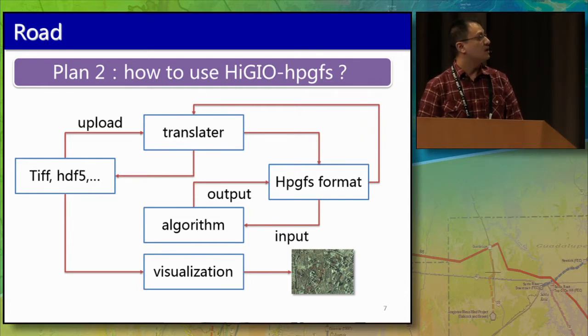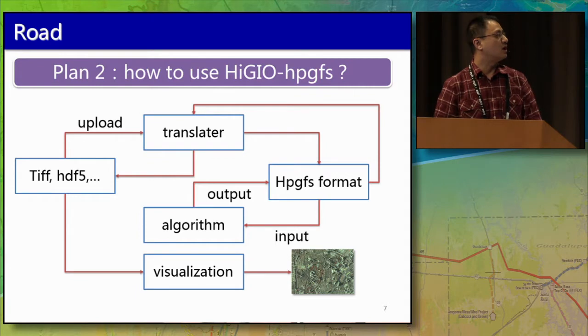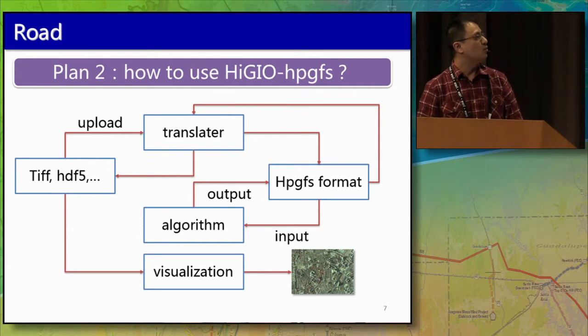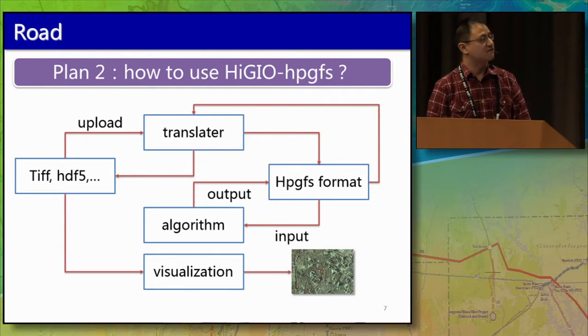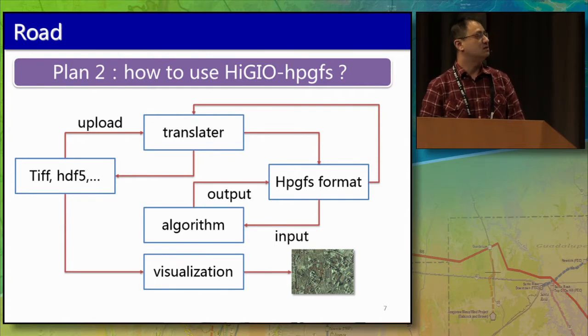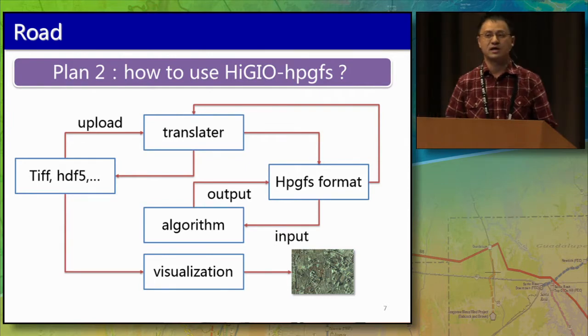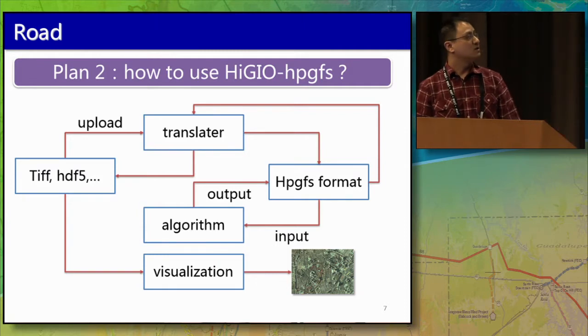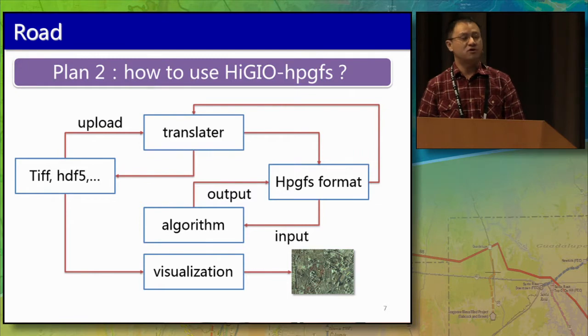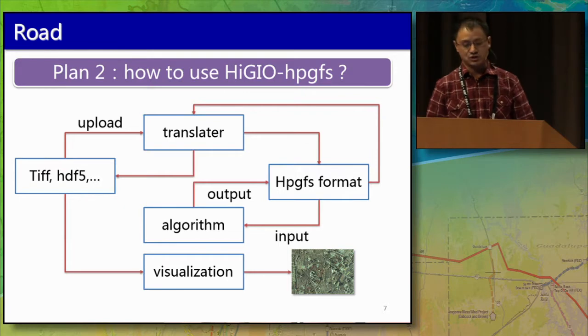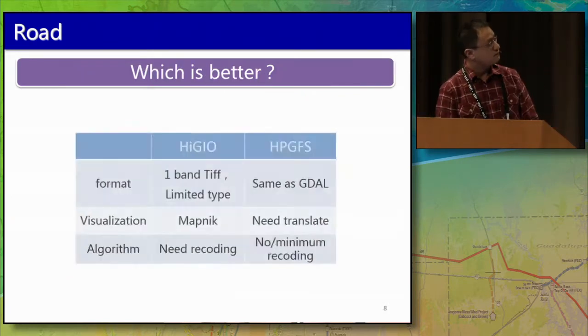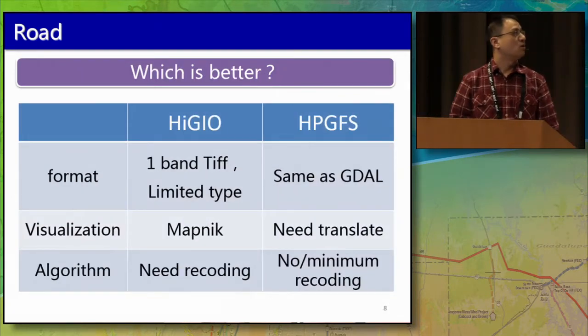And if we want to render the result, we must transform the HPGFS to a format that MapNIK can read. So although the I/O performance is efficient, the transform cost is expensive. Which is better?